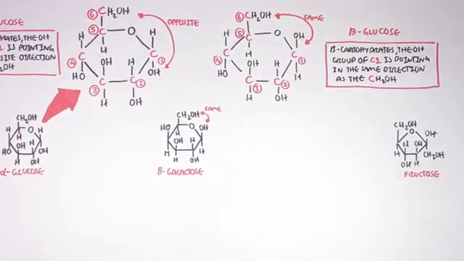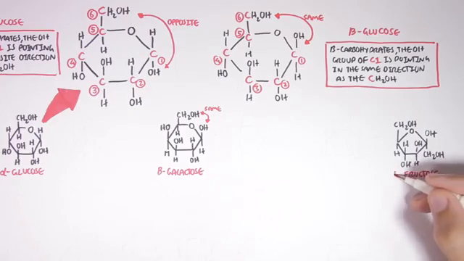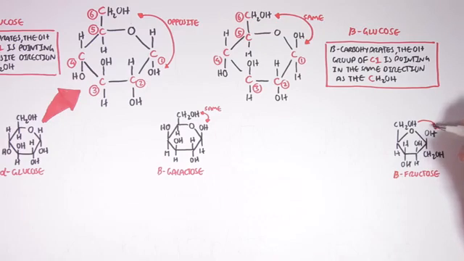Similarly, this fructose here is in a beta configuration, so it's a beta fructose, because the hydroxyl group here is pointing in the same direction as carbon number 6. So I hope you understood the structure of the 3 major monosaccharides in the human diet.